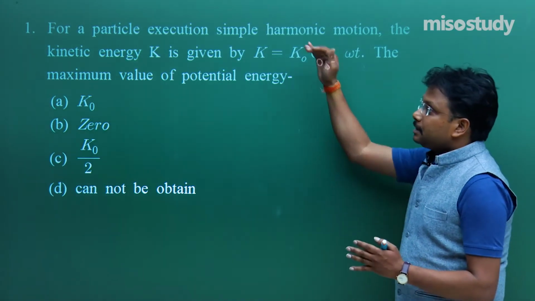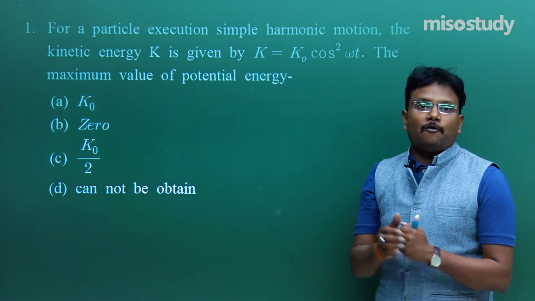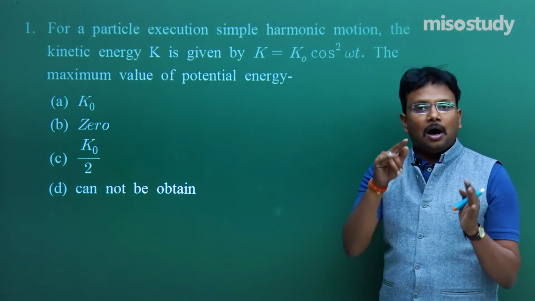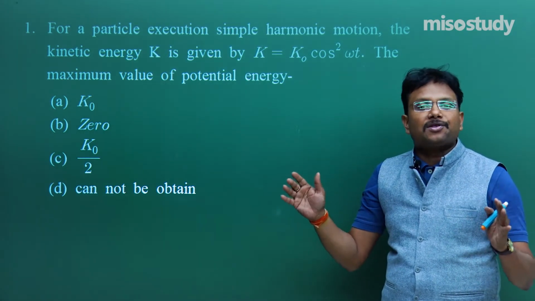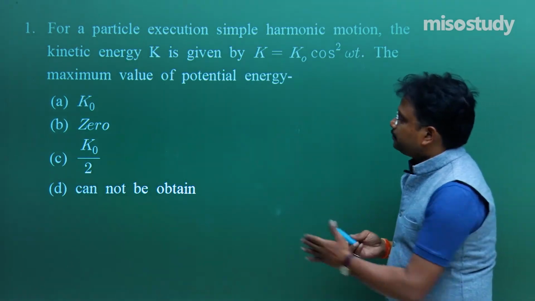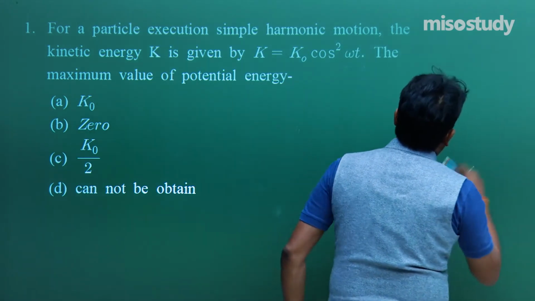Fine. Because this entire SHM is based upon one simple harmonic motion equation, that is y is equal to a sin(omega t plus phi). That is the basic equation. Fine. So let's try to find the solution of this question.